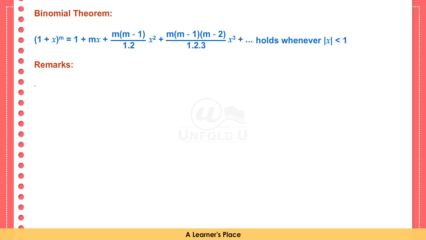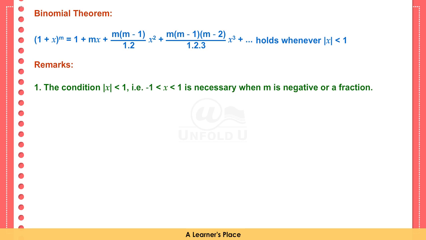Remarks. First, note carefully that the condition modulus of x is less than 1, that is, x lies between minus 1 and 1, is necessary when m is negative or a fraction.